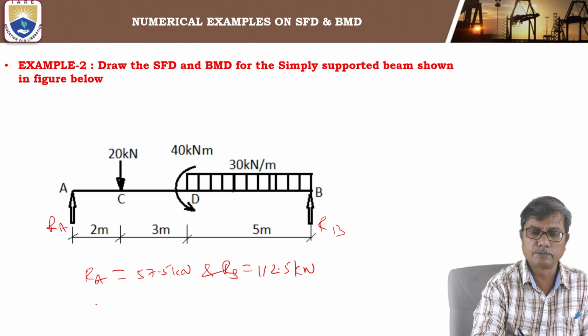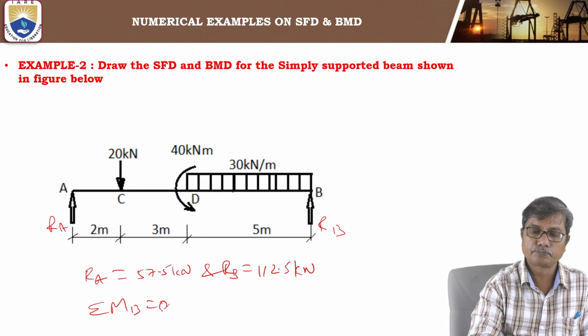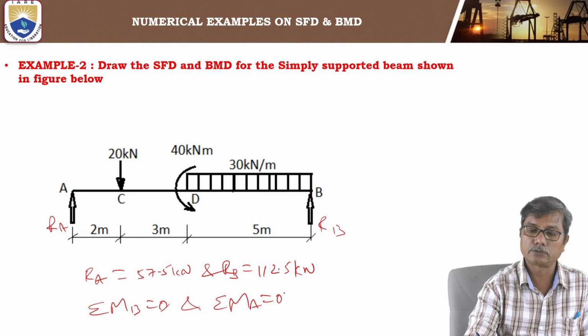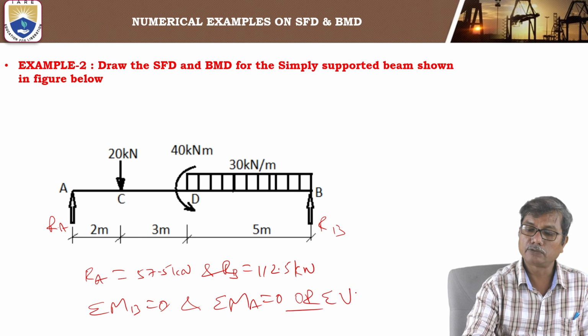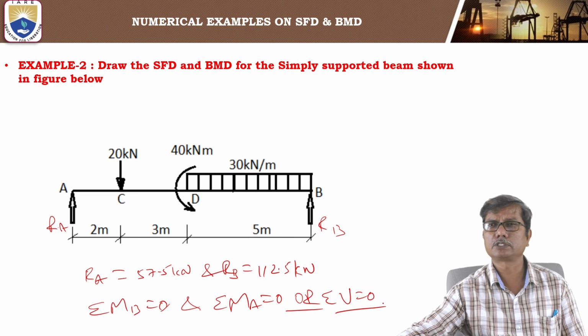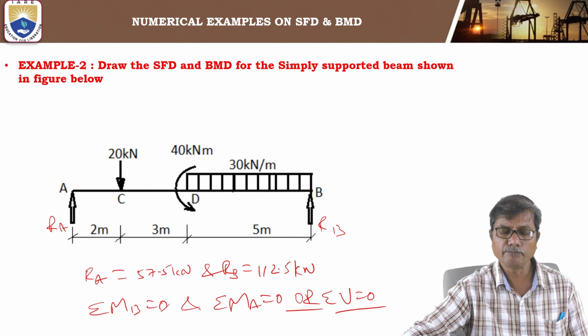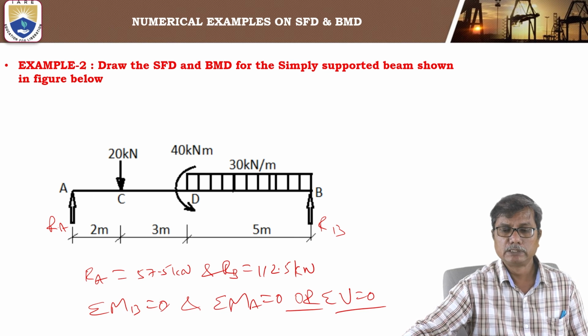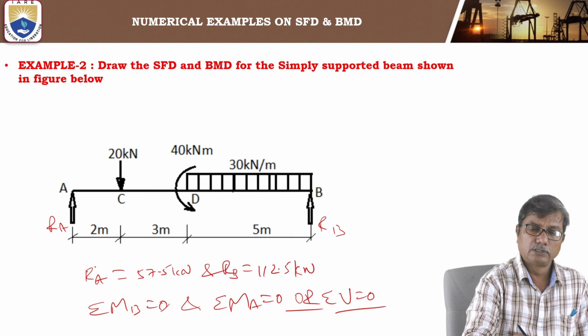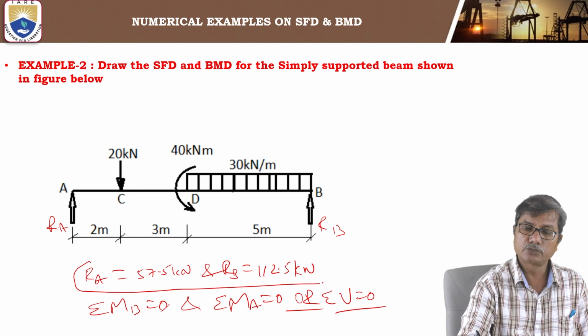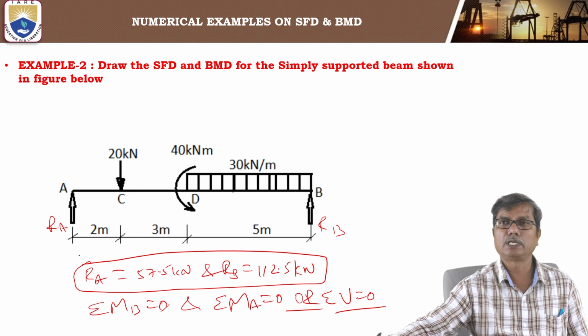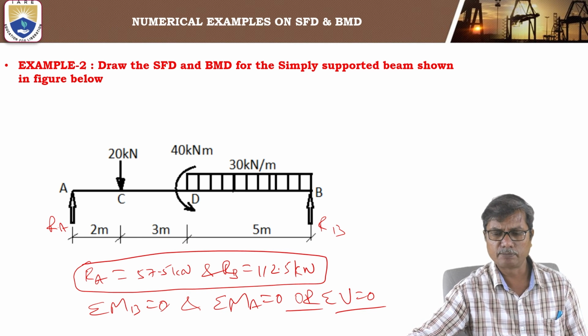How will you get these reactions? By considering the equilibrium equation sigma MB equal to 0, and sigma MA equal to 0 or sigma V equal to 0, the algebraic sum of vertical forces equal to 0. After finding the reactions only, we can proceed to find the shear forces or bending moments.